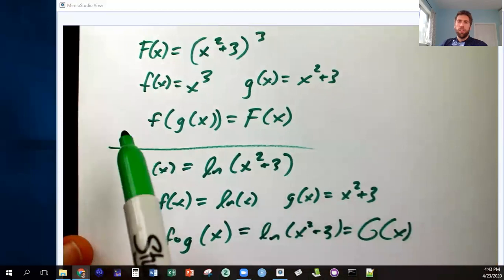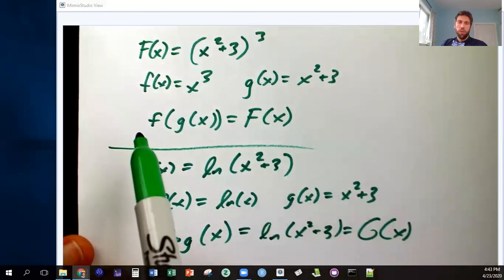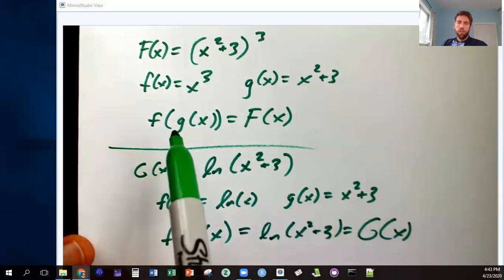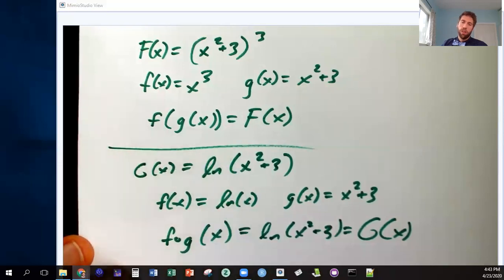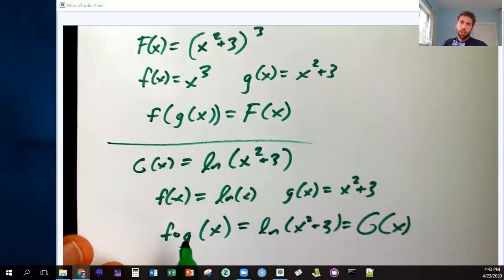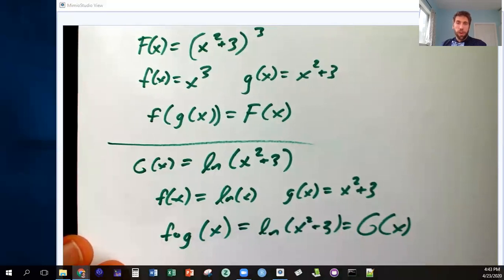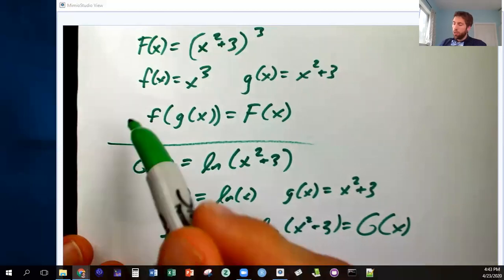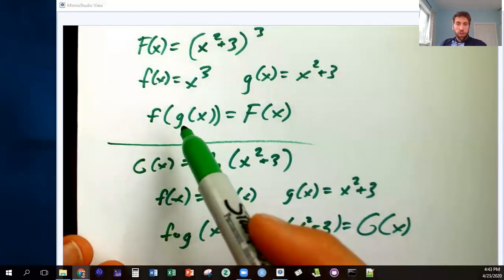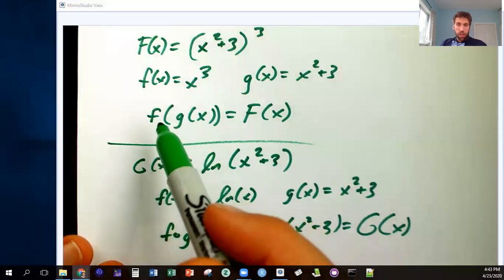So there are these two ways of writing composition of functions. One is you would say f of g of x, and the other is f composed with g of x. There's really no difference for you right now. There is a difference, but it doesn't matter for you. Here we're treating them as two different verbs: do this verb first and then this verb.